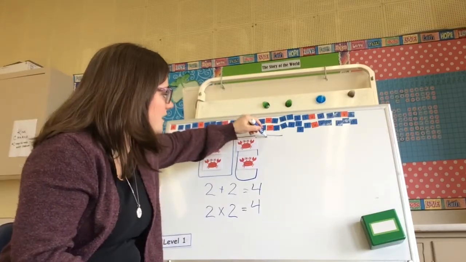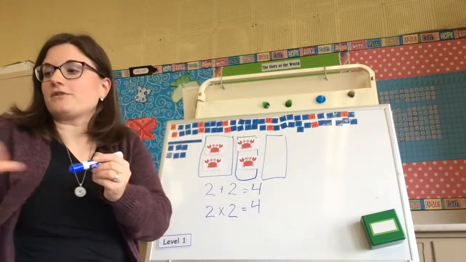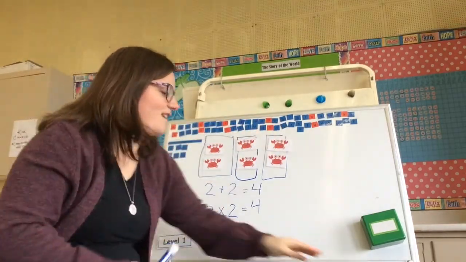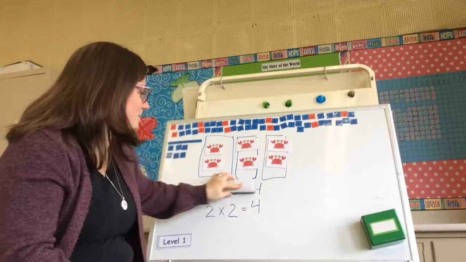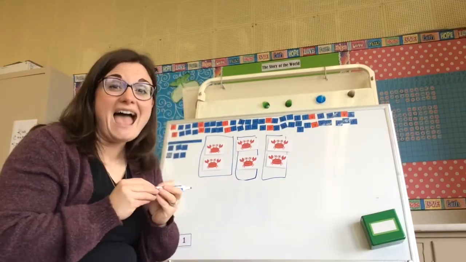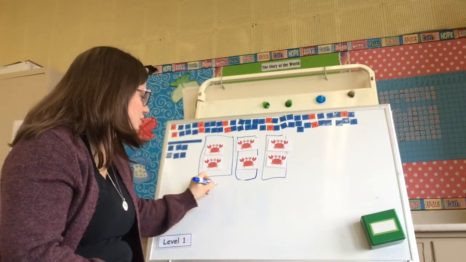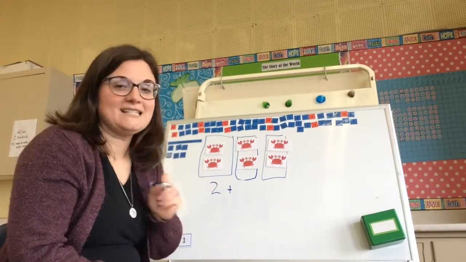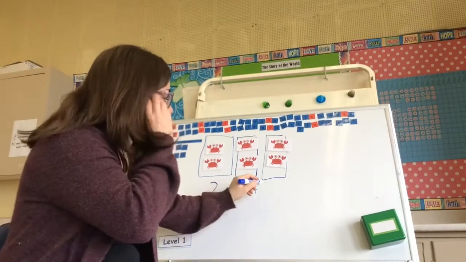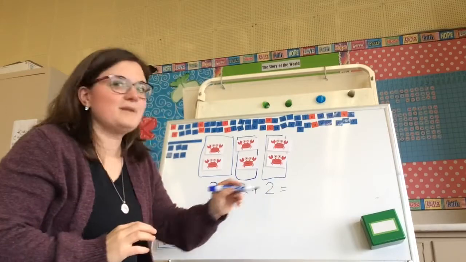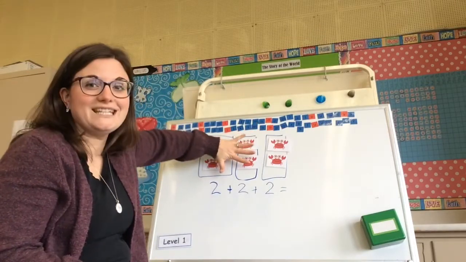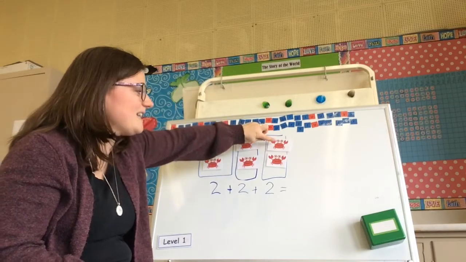Now, what happens when I draw another group of crabs here? How many are in my group? Right. So if I were going to add this, I would do 2 plus 2 plus 2. And how many crabs do I have all together? Well, I knew I had 4 here, so I do 4 plus 2.